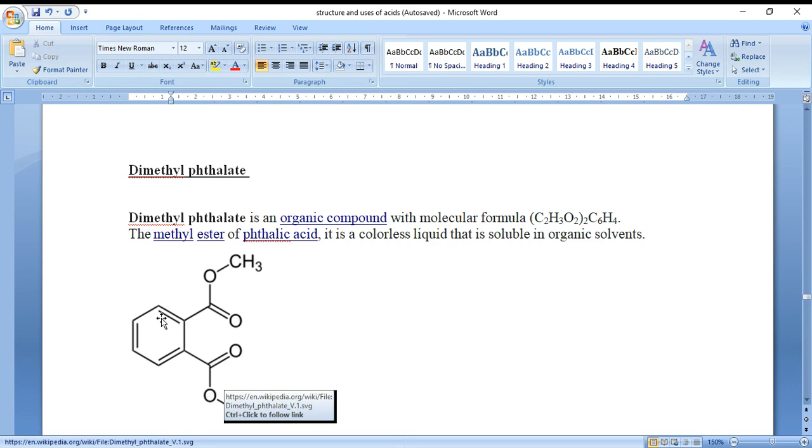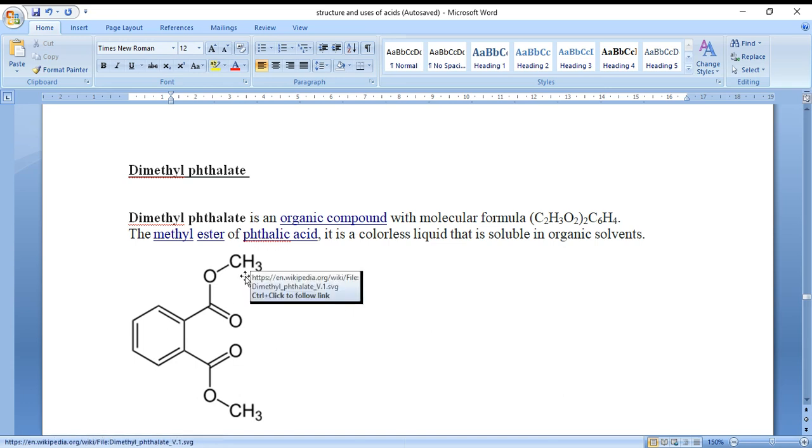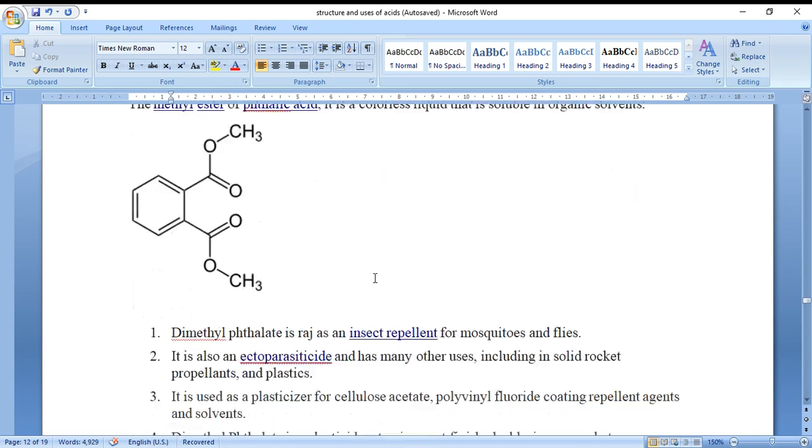It is the methyl ester of phthalic acid. Up to this part we can call it phthalic acid, and this is the methyl ester of phthalic acid. It is a colorless liquid which is soluble in organic solvents.